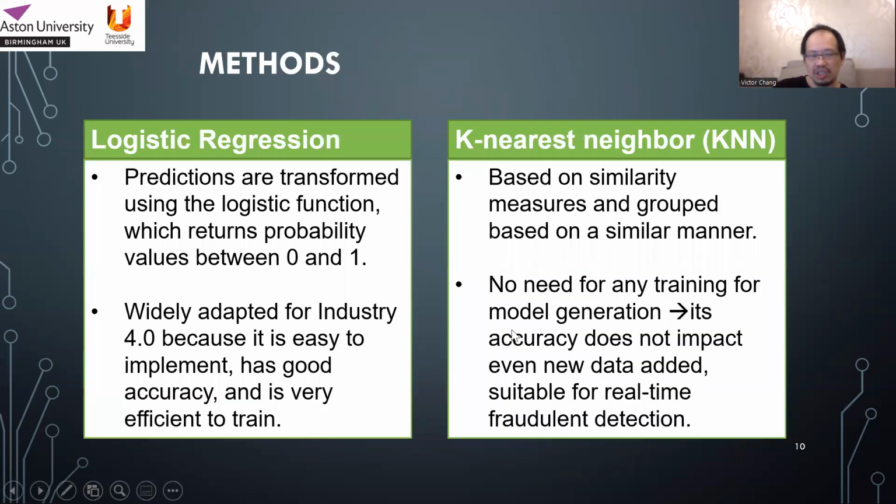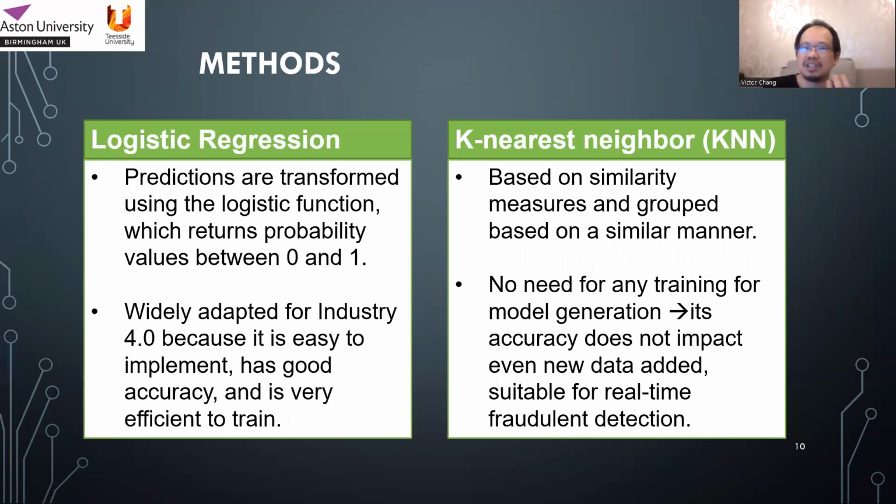And the methods, in a short summary: logistic regression stands for a prediction transformed using a logistic function that returns a probability value between 0 and 1. It has been widely adopted for Industry 4.0 because it's easy to implement, has good accuracy, and is very efficient to train.